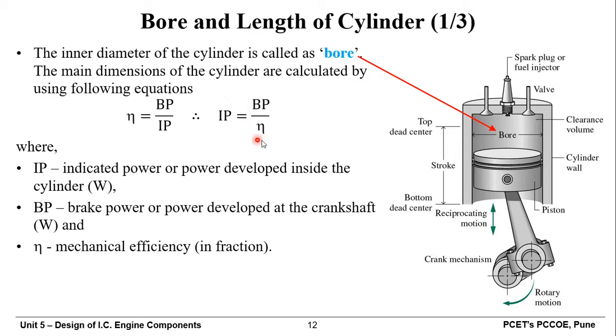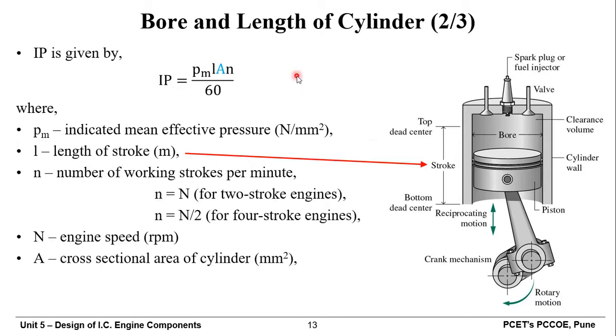So by using brake power and efficiency we estimated indicated power. Then once you get the indicated power, there is a formula for calculating indicated power, that is P m into stroke length into cross sectional area of the cylinder into number of working strokes per minute divided by 60.